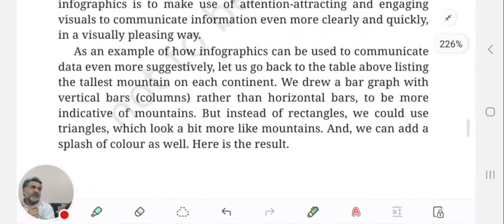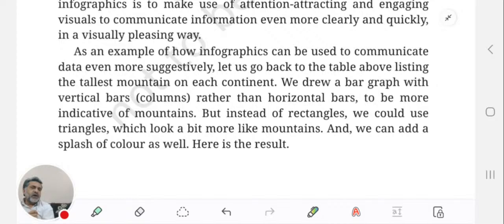And as an example of how infographics can be used to communicate data even more suggestively, let us go back to the table above listing the tallest mountain on each continent.